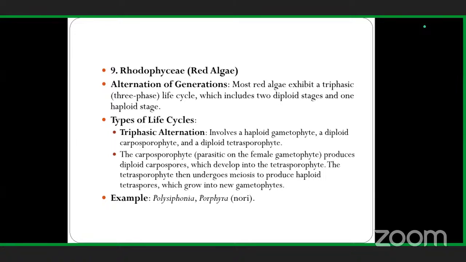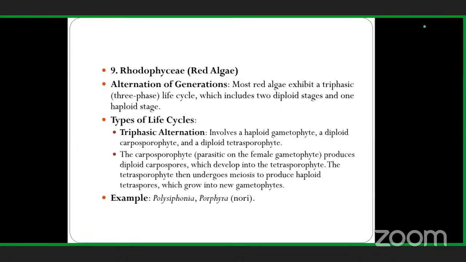So type of life cycle, triphasic alternation involves a haploid gametophyte, a diploid carposporophyte, and a diploid tetrasporophyte. So first there will be haploid gametophyte, then it will lead to diploid carposporophyte, then again it will lead to diploid tetrasporophyte. The carposporophyte, parasitic on the female gametophyte, produces diploid carpospores, which develop into tetrasporophyte.